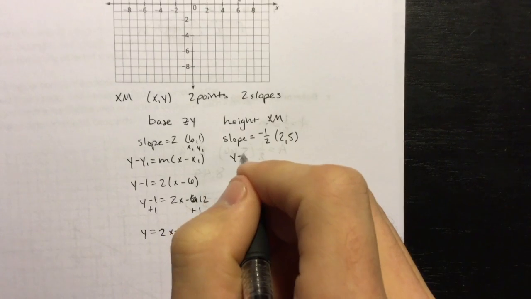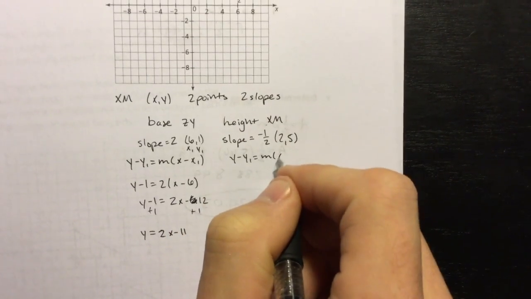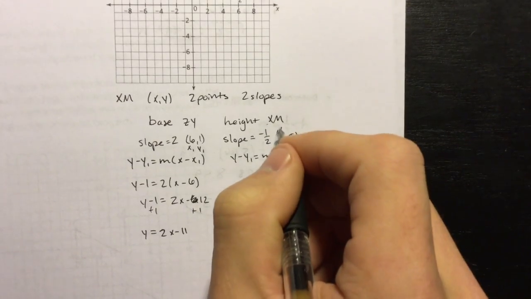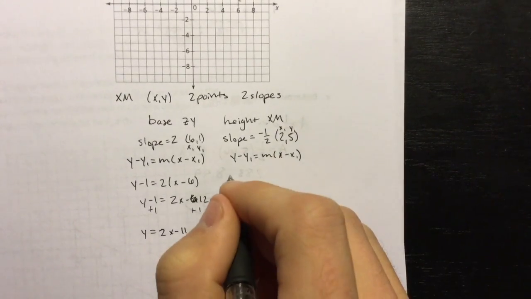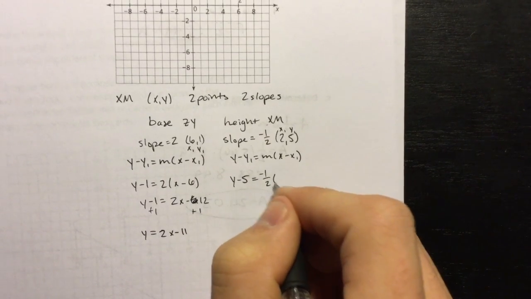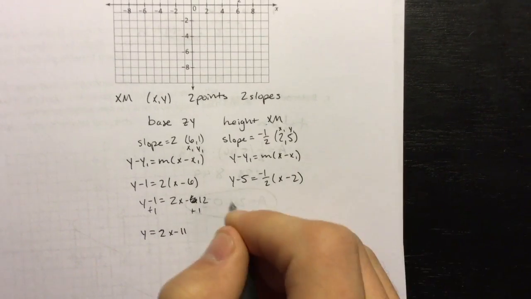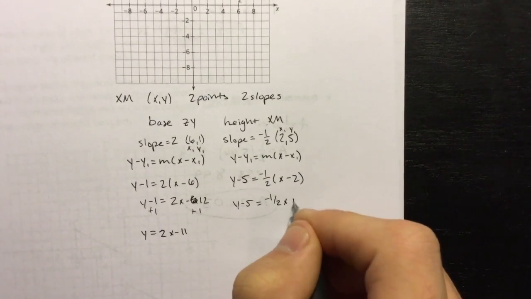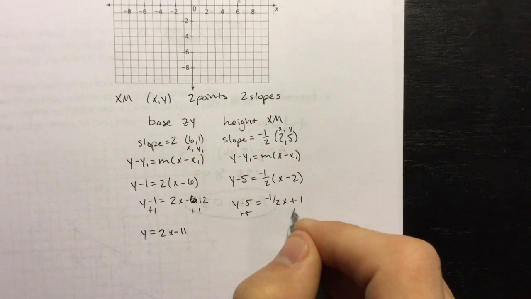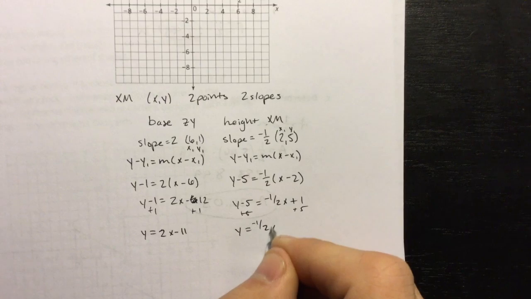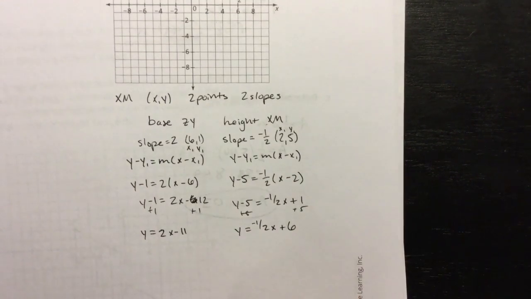Now for this one, this is going to be X1, Y1, so I'm going to plug these in. Y minus 5 equals -1/2 times X minus 2. Okay, so I got my 2 equations now.